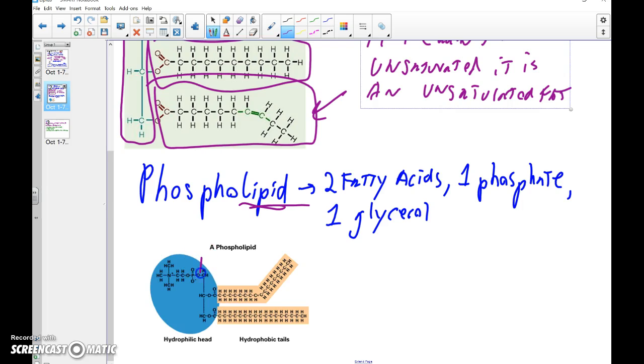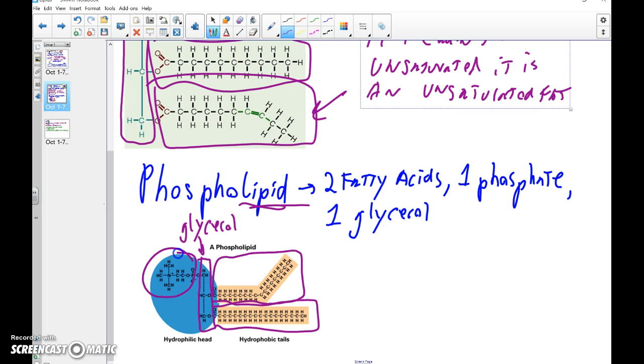What you'll notice is right here, what I'm outlining in purple again, is actually my glycerol. Here, you'll note I have an unsaturated fatty acid. Here, I have a saturated fatty acid. And then down here, I have my new unique structure, which is a phosphate group.